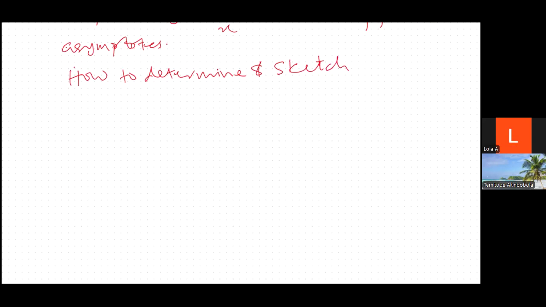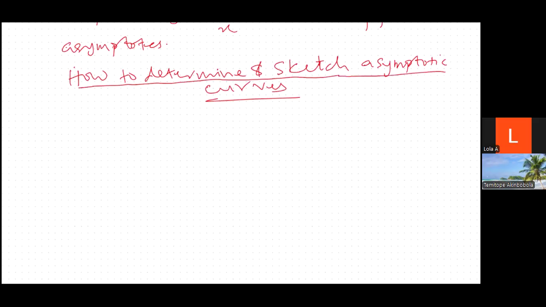How to determine and sketch asymptotic curves.